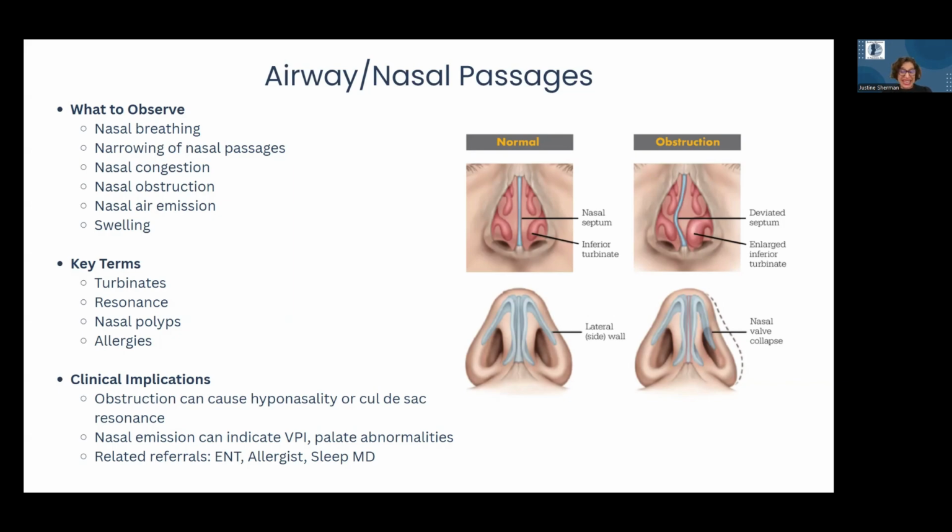Then, if we have nasal emission during pressure sounds, that could point towards possible VPI. And then if we have hyponasality without congestion, so they don't have allergies, they're not sick, but they always sound like this, that could indicate, again, enlarged tonsils or adenoids.